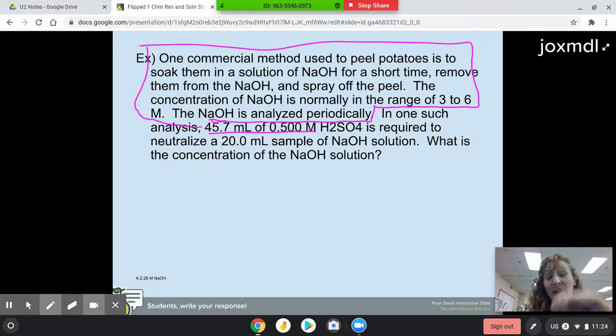In fact, when I'm reading questions on tests, I always read the last sentence first. What is the concentration of the NaOH solution? Because then, as I'm reading, I already know what I can skip and what I can't. So test taking strategy: read the last sentence first, especially if they're long questions.